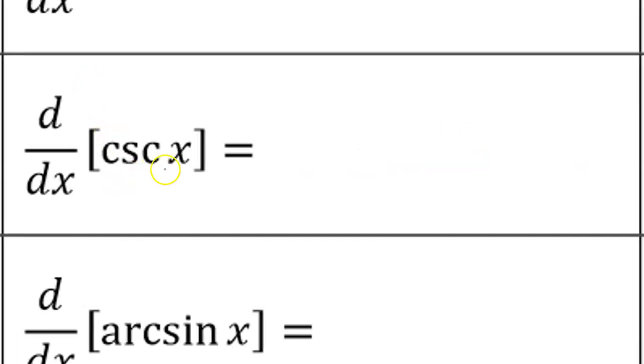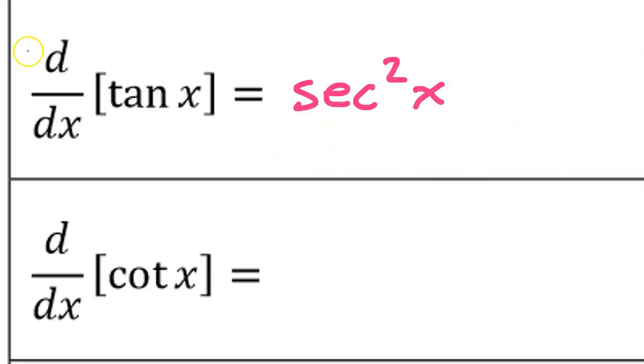The derivative of cosecant is negative cosecant cotangent. If the derivative of tangent is secant squared, then we know the derivative of cotangent will be negative cosecant squared.